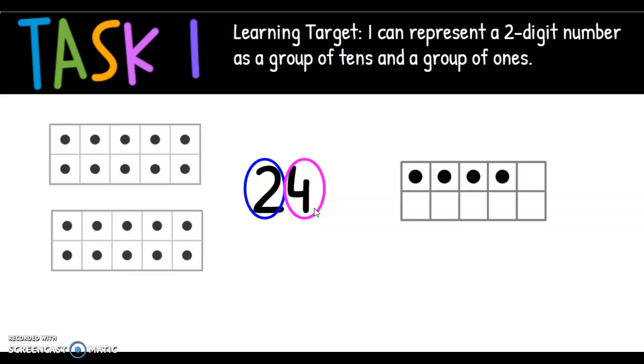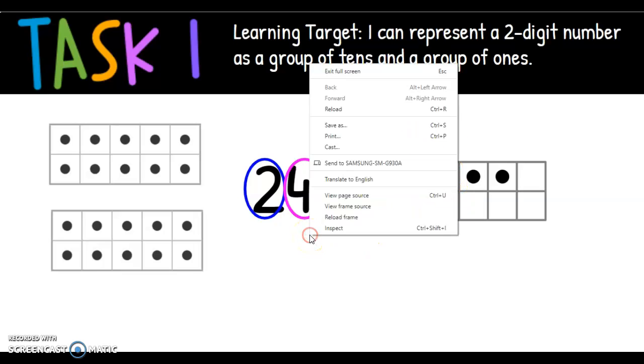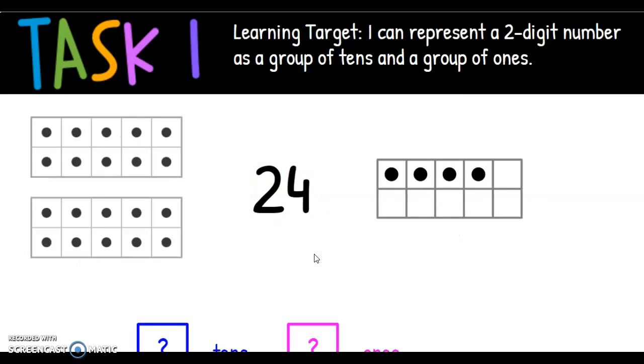So let's go back to our learning target. Can you represent a 2-digit number as a group of 10s and a group of 1s? Right. Let's go to our next slide.